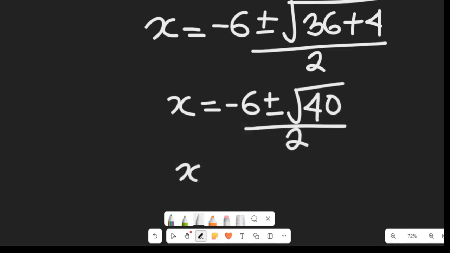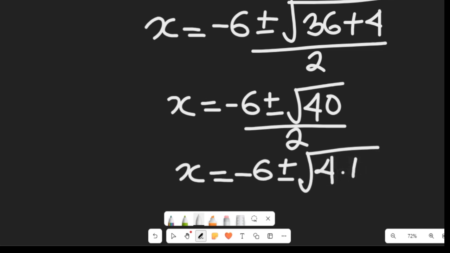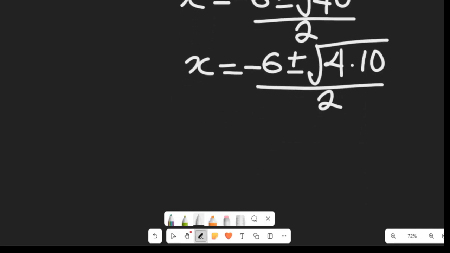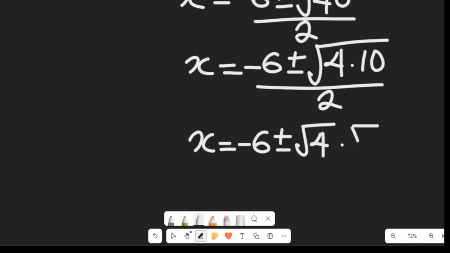So the value of our x will be equal to negative 6 plus or minus the square root of 4 multiplied by 10, and all this will be divided by 2. So what do we have here? We're going to see x to be equal to negative 6 plus or minus square root of 4 multiplied by the square root of 10, and all this will be divided by 2.